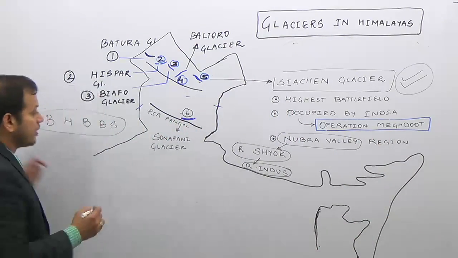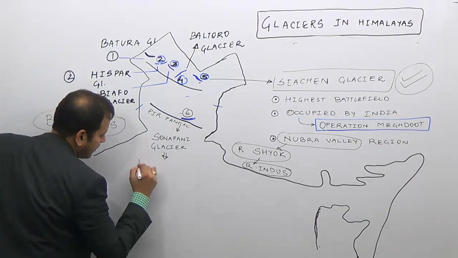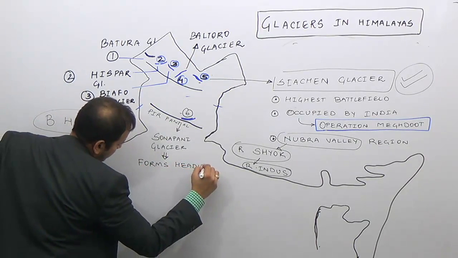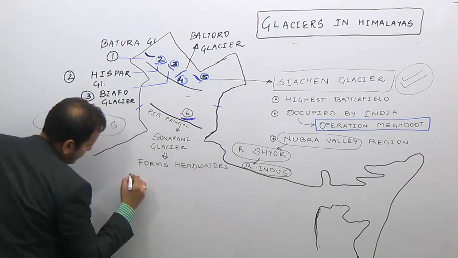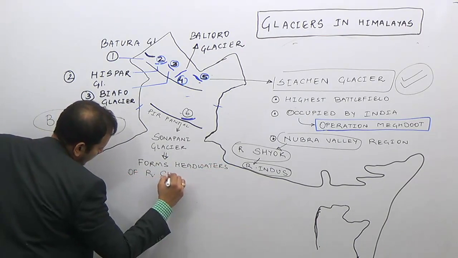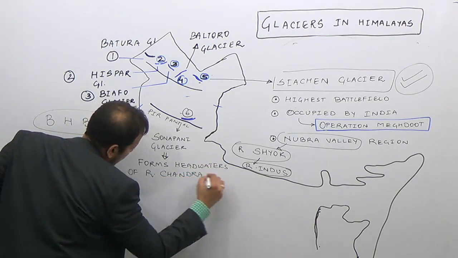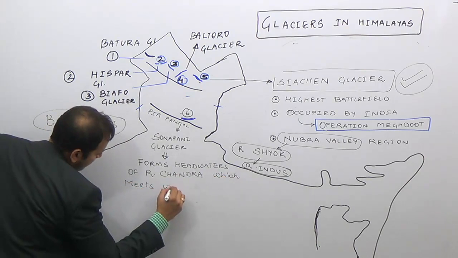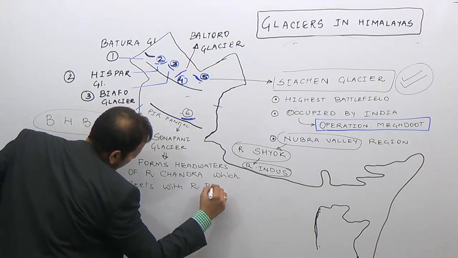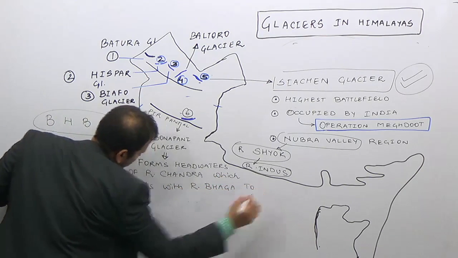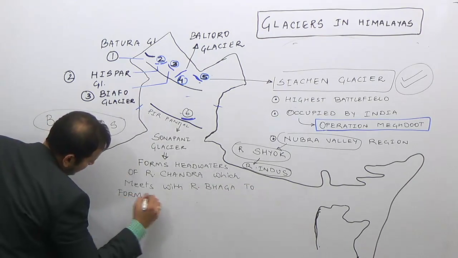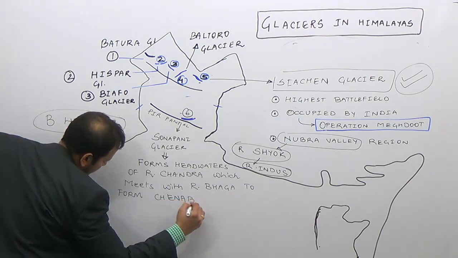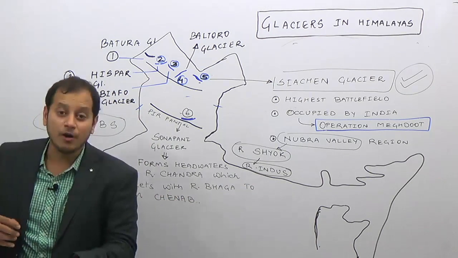So, Sona Pani Glacier forms the headwaters of River Chandra, which meets with River Bhaga to form the Chenab River.